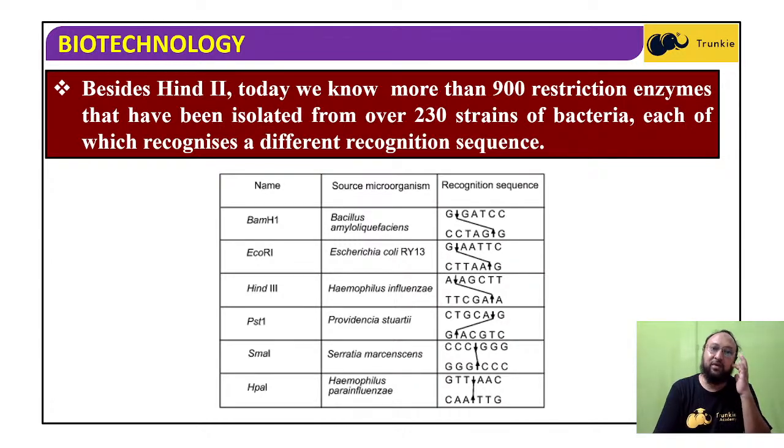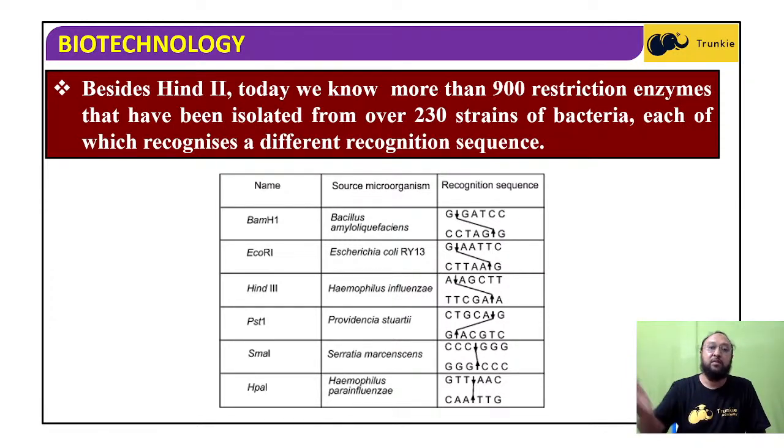Then there is HindIII, from Haemophilus influenzae, another source. It cuts at a specific site between adenine and adenine on the complementary strand.